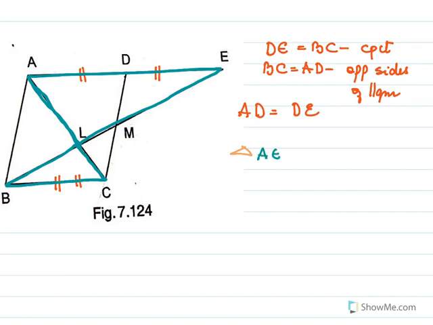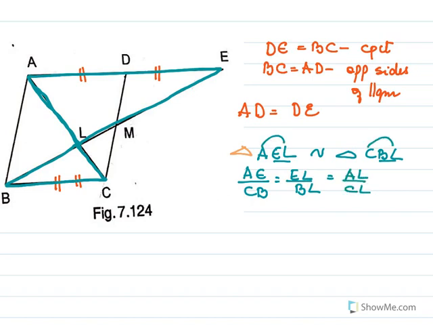So triangle AEL is similar to triangle CBL, and then the sides, therefore AE over CB will be equal to EL over BL will be equal to AL over CL. We do not require AL and CL now, so we'll just focus on AE over CB equal to EL over BL.